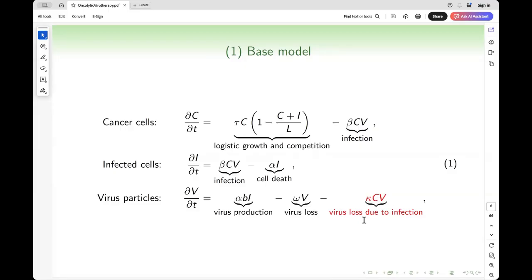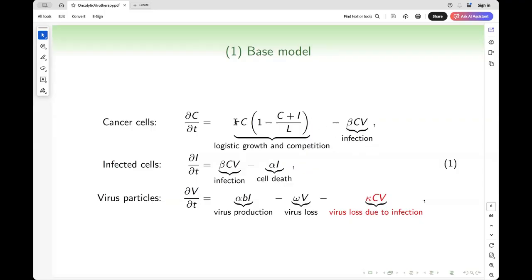And then we have this red term, which is virus loss due to infection. So if a virus binds to a cell, then the cell is infected and this virus is taken out of the virus compartment. However, I don't like this term. That's why it's in red. The thing is, virus particles are in the order of 10 to the 9, 10 to the 10 virus particles around, whereas cancer cells are more like 10 to the 6 to 10 to the 8.